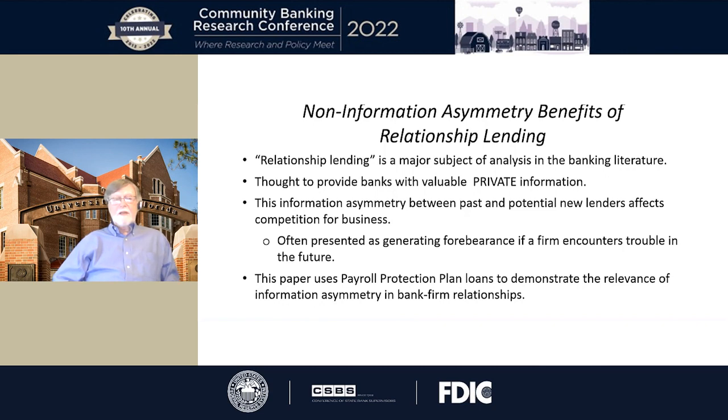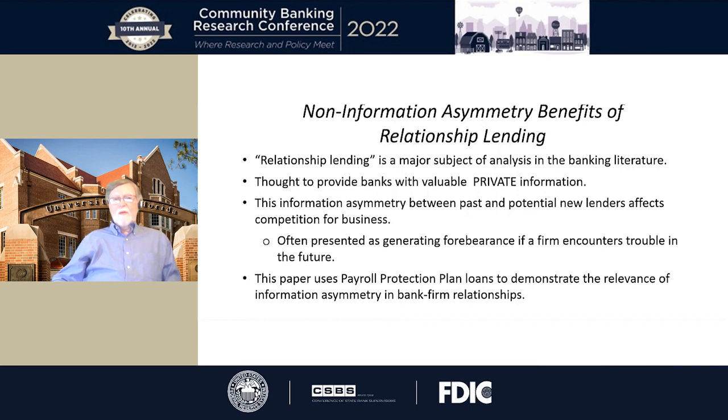And I think that Janet and Daniel both gave really nice definitions of relationship lending. It's the idea that if a borrower has dealt with a bank repeatedly in the past, and the borrower has a special problem come up, then the bank, the relationship bank, is in a stronger position to help because it's got more private information and they know more about the firm.